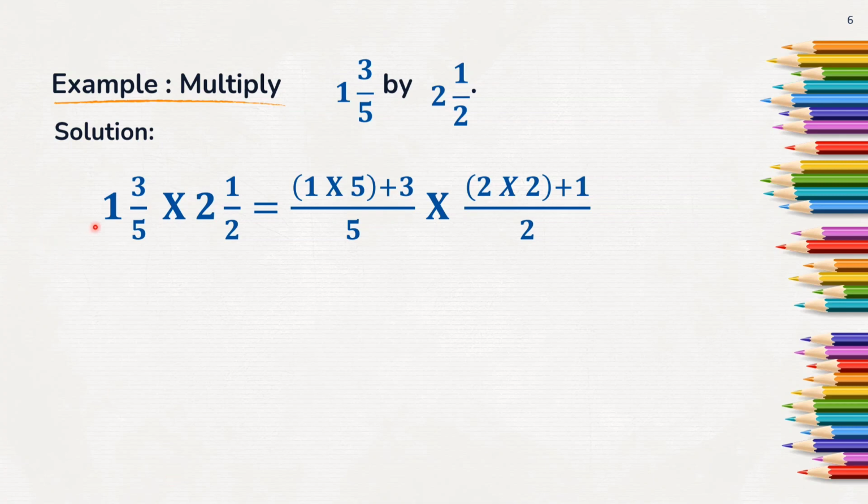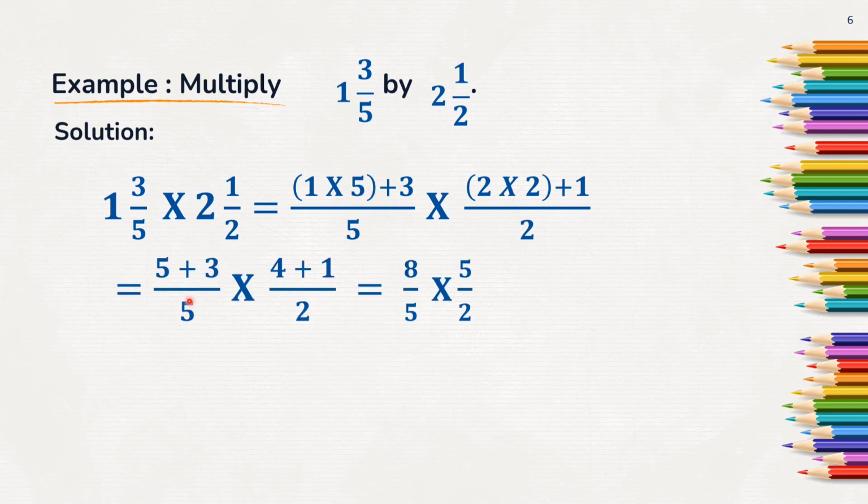First, we will multiply whole number into denominator plus numerator. That is 1 into 5 plus 3. Here 2 into 2 plus 1. Right? So 1 5 times is 5 plus 3 by 5 and 2 2 times is 4 plus 1 by 2.